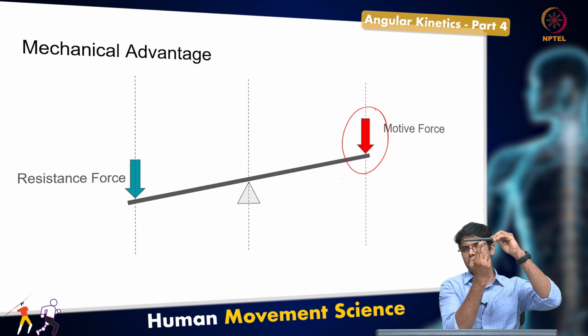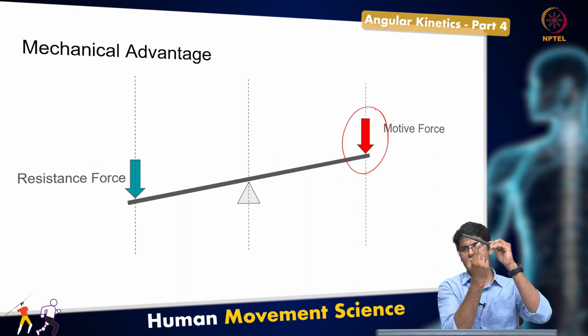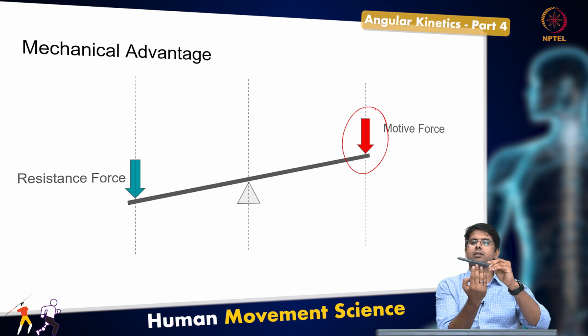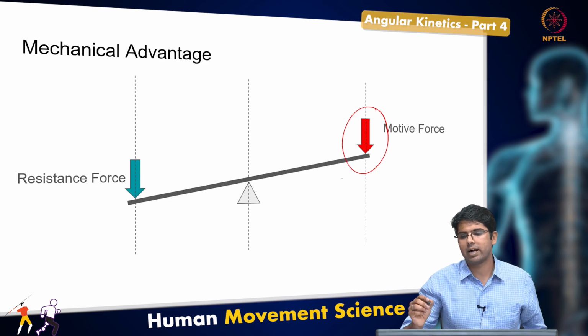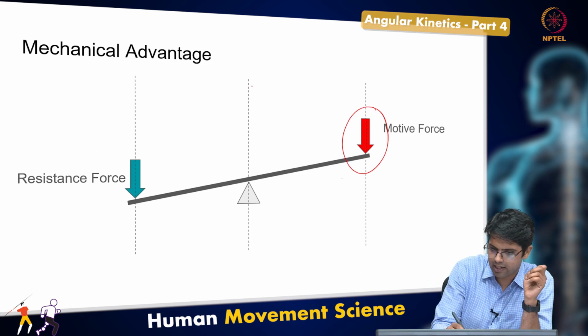Equilibrium does not mean it has to be horizontal. Equilibrium is just that the forces are sort of balanced out, and the lever is in static equilibrium right now.